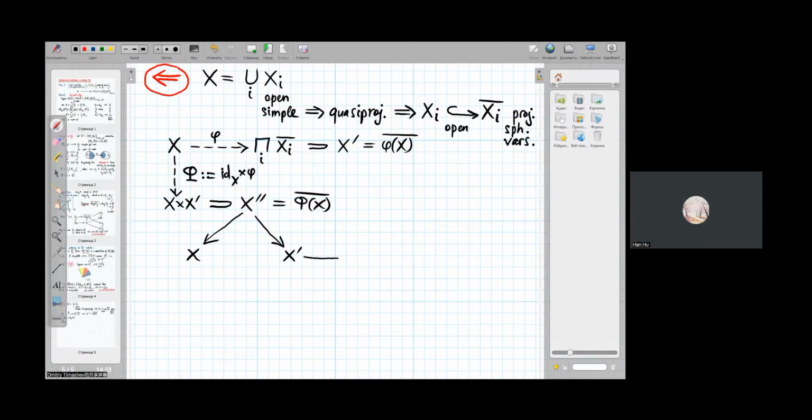We have this projection map from X prime to xi bar, which I denote as pi i. And by the way, this map I will denote as p, and this map will be p prime.